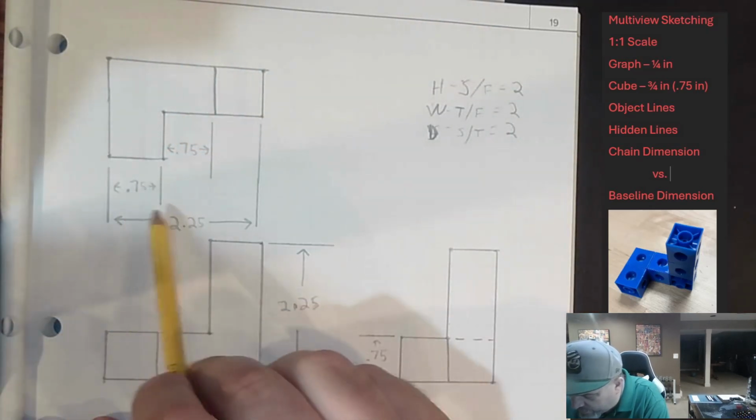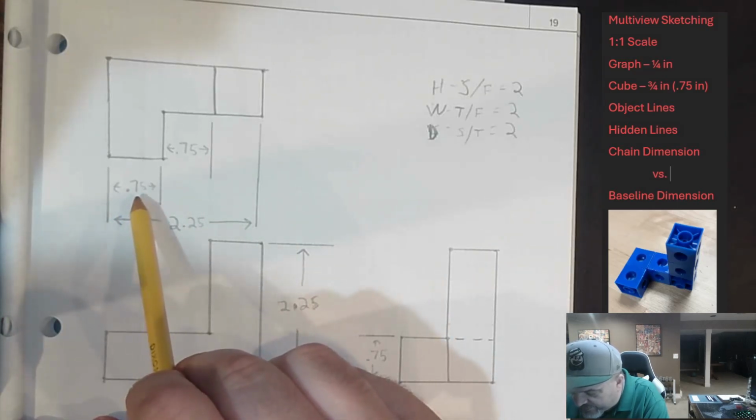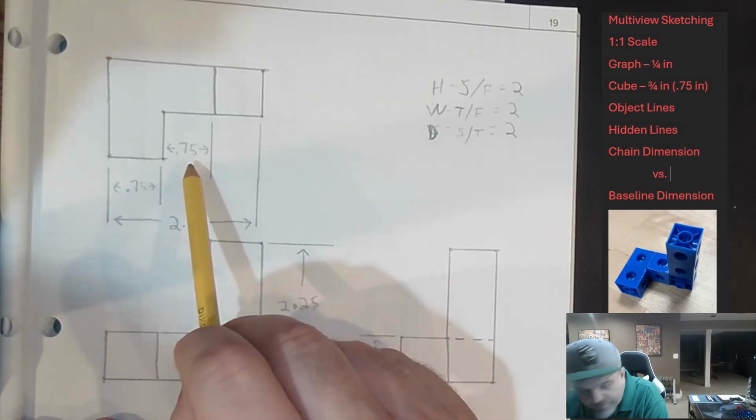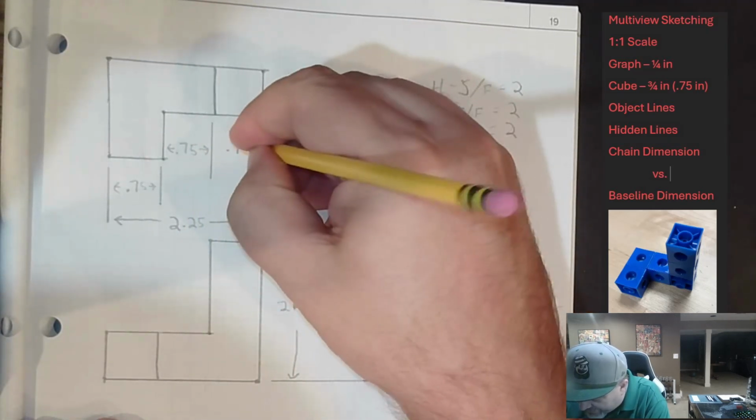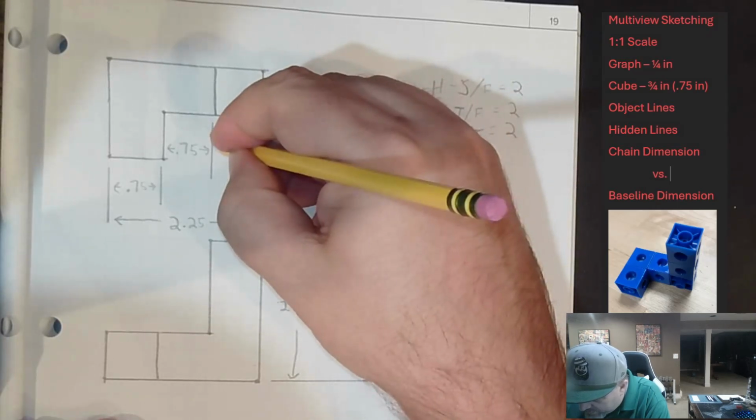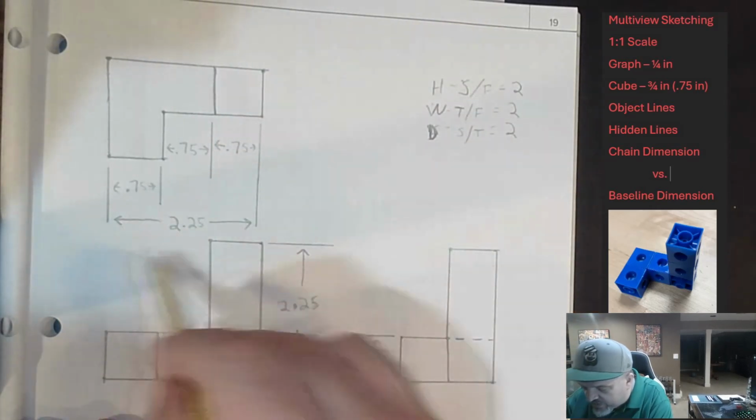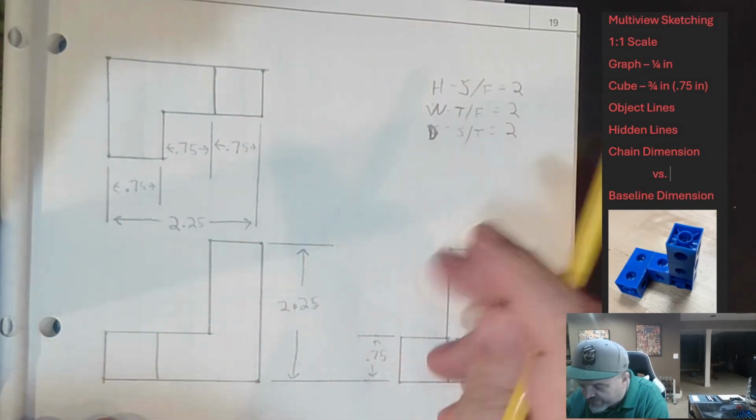So this is where we get the term chain from. If we chain the 0.75 with the 0.75 with this final 0.75, we add them all up or chain them together, we get the overall 2.25.